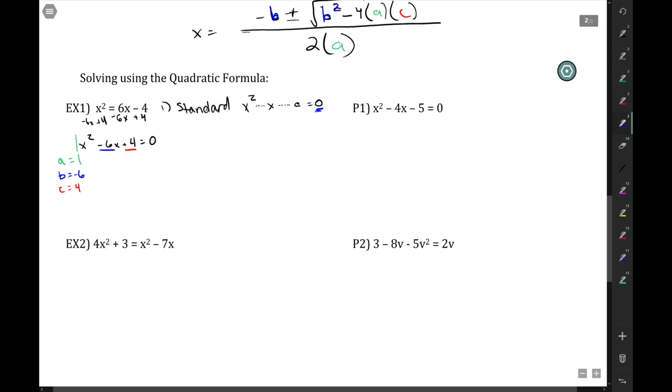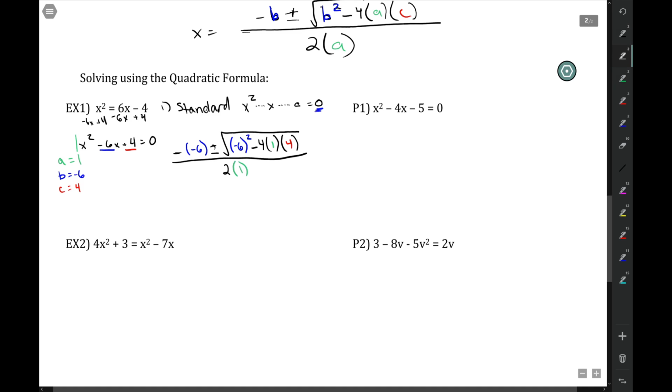Alright, and it's really not too hard. So it's the opposite of b. Here's the key thing. It's always negative b, which is negative 6, plus or minus square root b squared, and b squared is negative 6 squared, minus 4 times a, which is 1, times c, which is 4, all over 2 times a, which is 1.